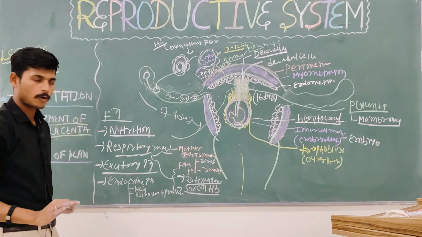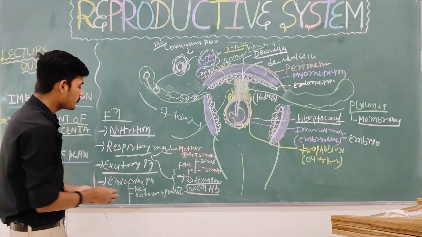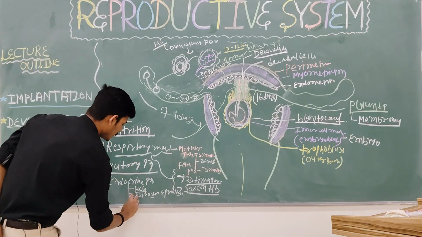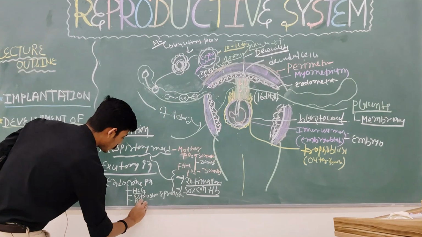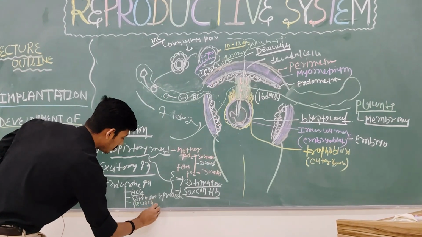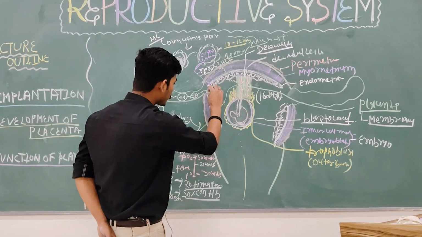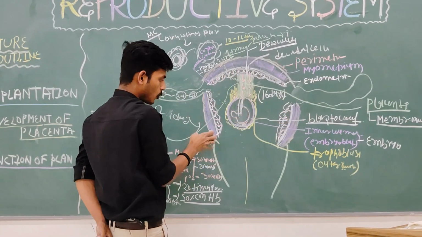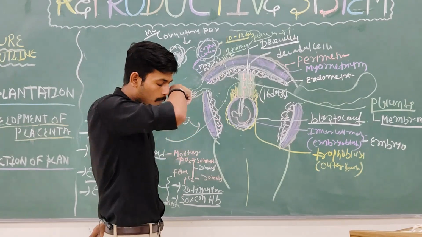Fine, no problem. Now, apart from the HCG, estrogen and progesterone, it secretes relaxin, which will help during the delivery of the baby, because this relaxin will work on the smooth muscle lining to contract more. Fine.